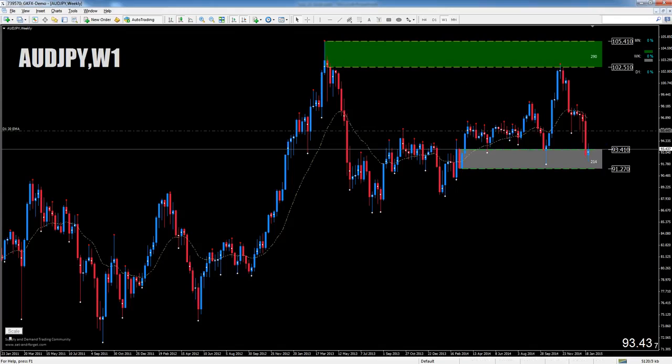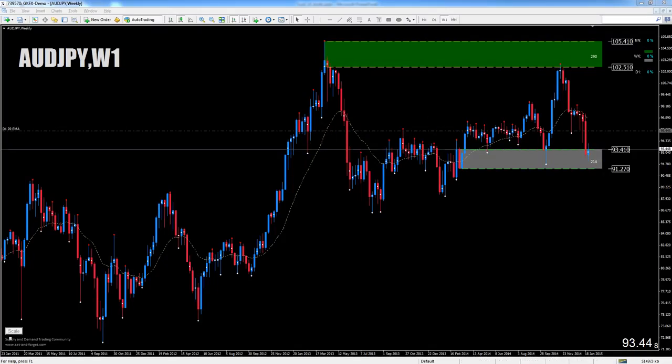So it is well located. We could have a daily area of supply right there. That would be a location type of trade. A daily area or a 4-hour supply area nested at the proximal line of that weekly area of supply. That is a good location. It is located right there for a possible short if all the other rules apply.